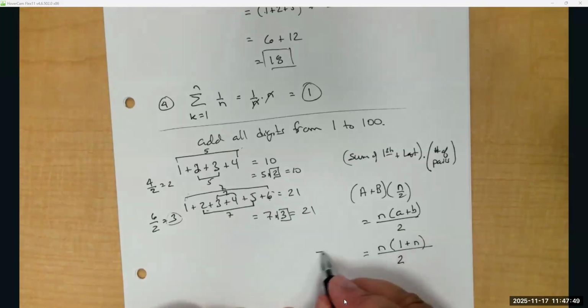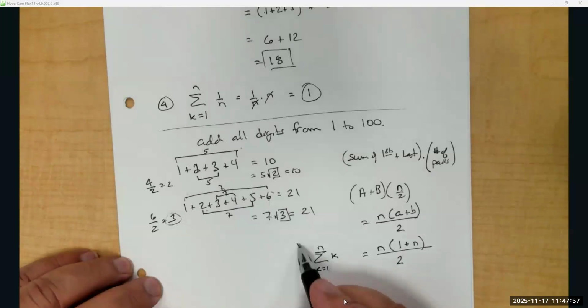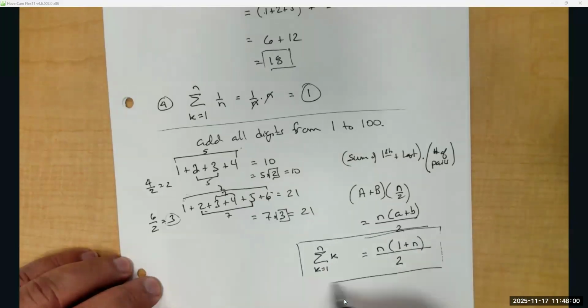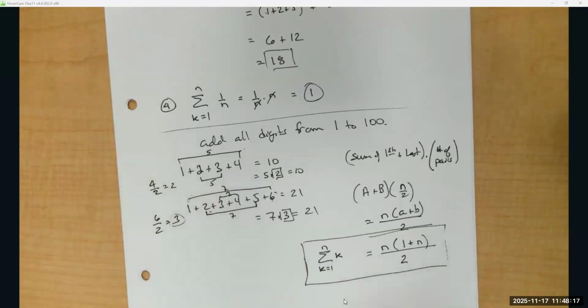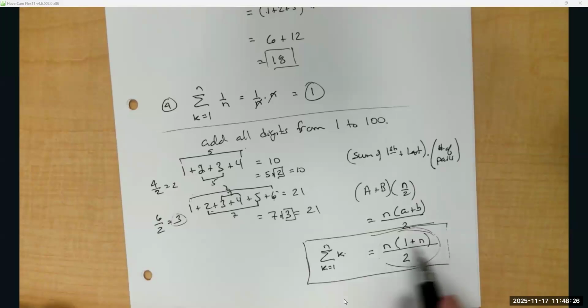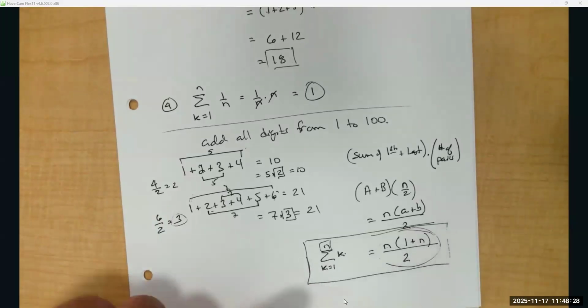That is the formula he came up with, if we added all those together. Now, this is important because we have to know this formula. Whenever you get an equation and you're left with summation of k, 1 to n, you can replace it with this value. Why would we do that? Well, because we know what n is. We can plug it in there. Now we have a value.